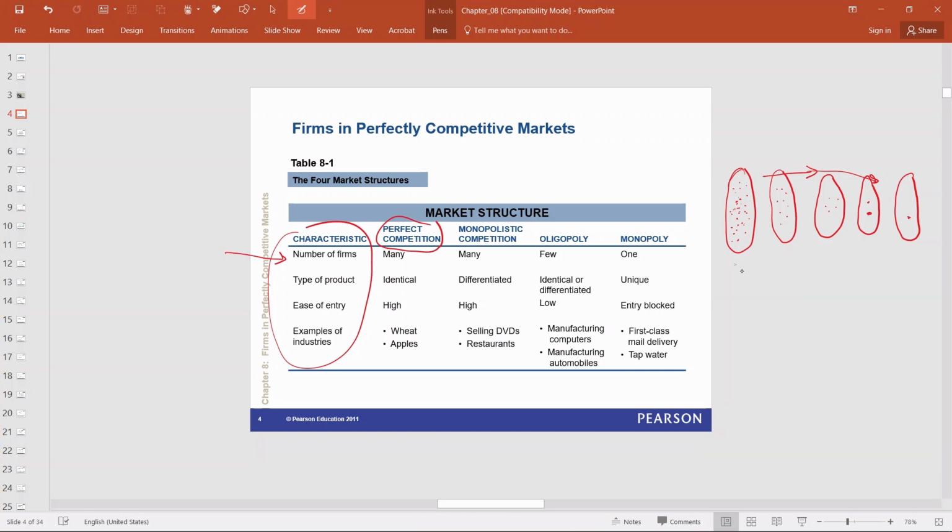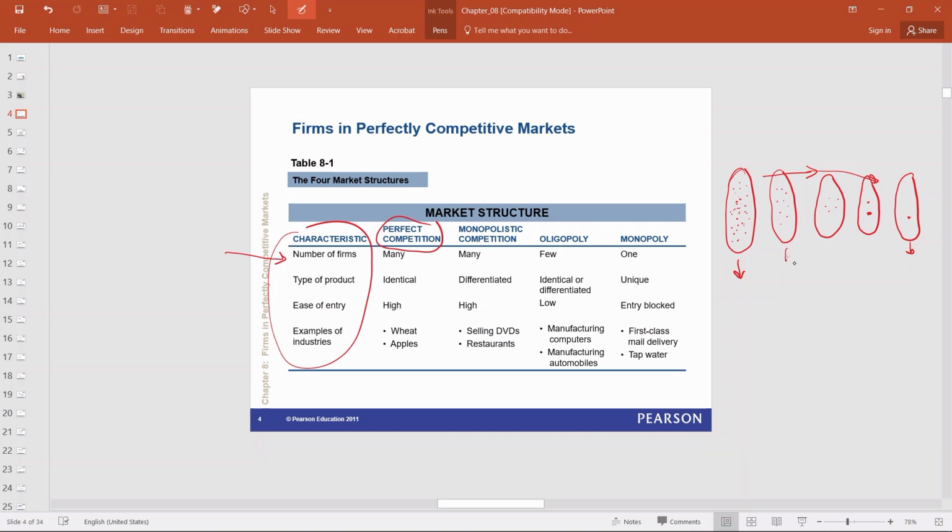So a very high number of sellers is called perfect competition, and this is monopoly with only one. And as we go to a few sellers, the name of the type of market will be different.